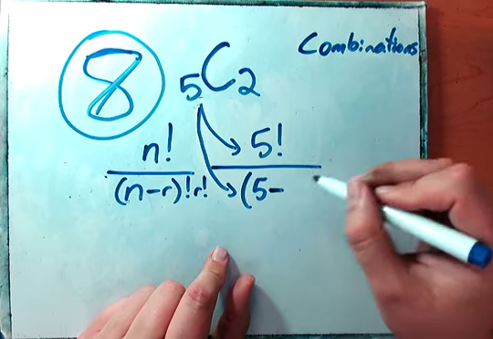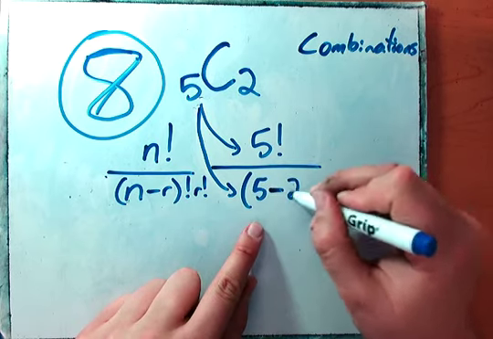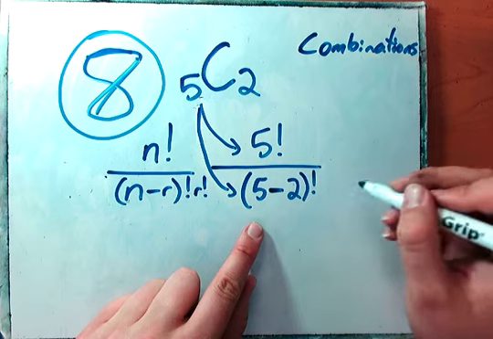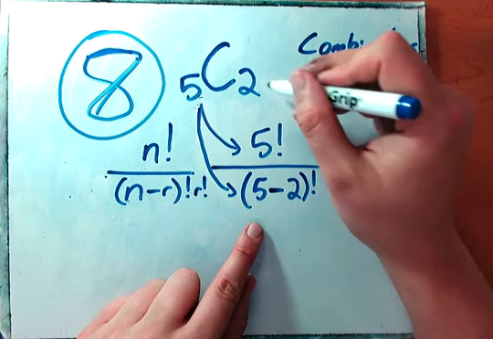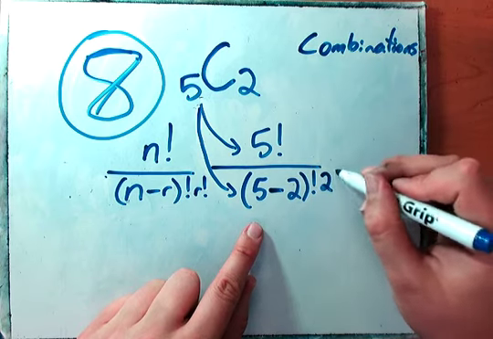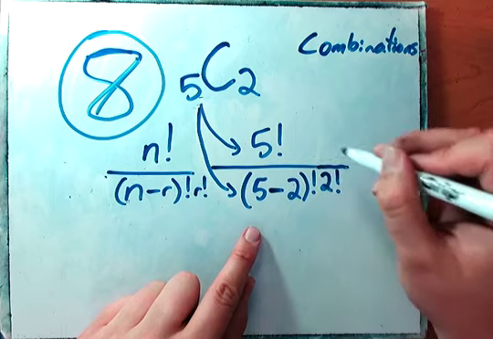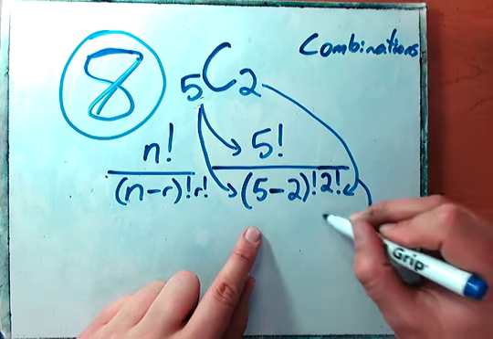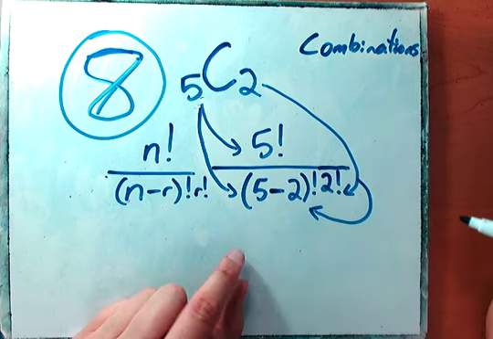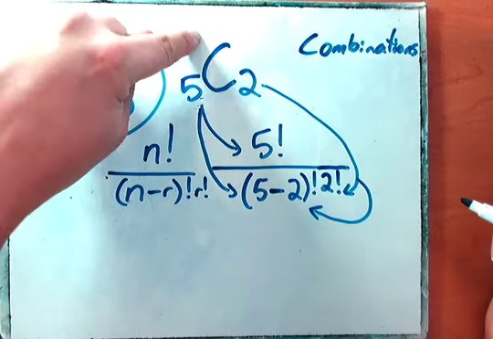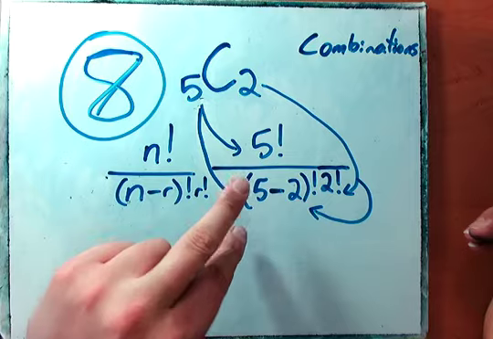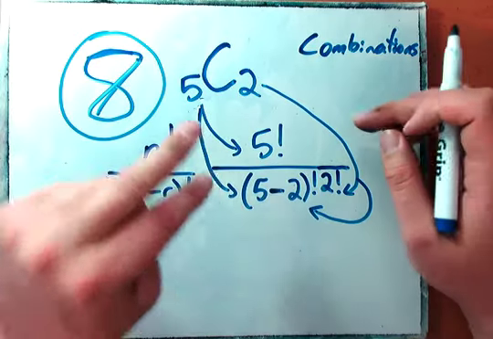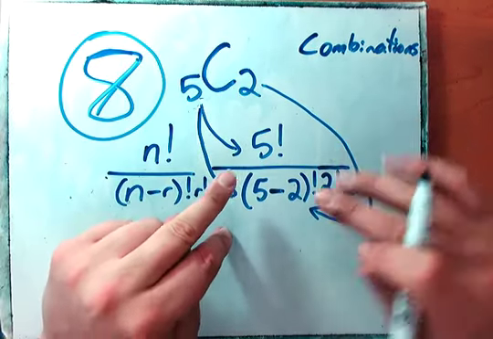So 5 minus, same thing, 2 factorial. The 2 we got from up here, and then times 2 factorial on the bottom. So the 2 comes in twice, once there and once there. In combinations, when we choose, we use both numbers twice. 2 5s here, 2 2s here.